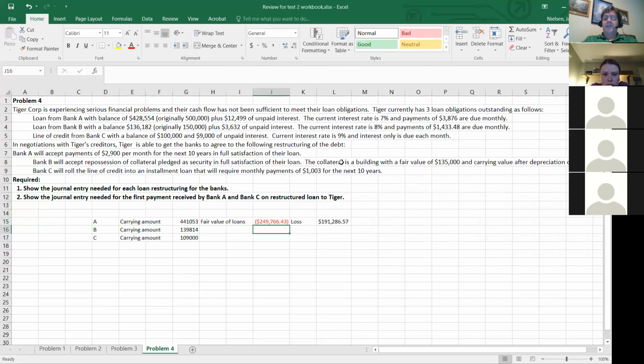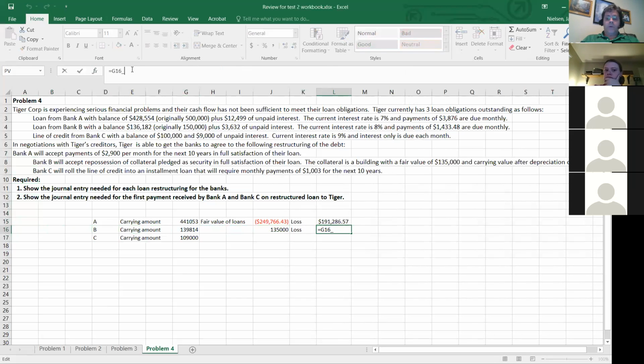They're going to get a $135,000 building. So the loss is the difference. Again, no need to do present value because we're going to assume we can do that right away.